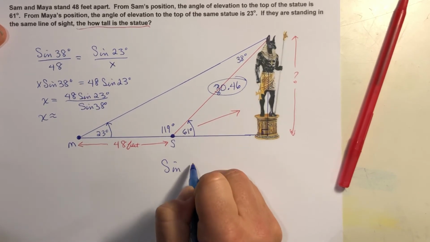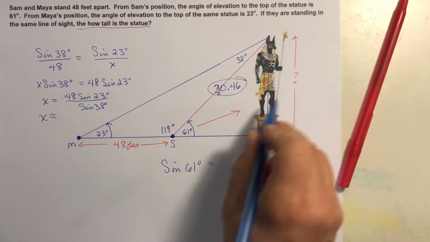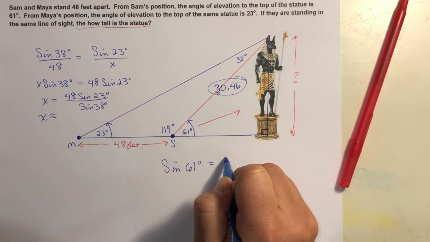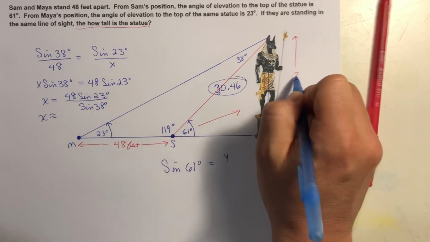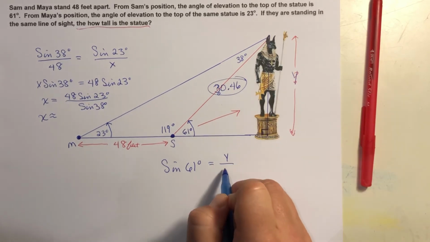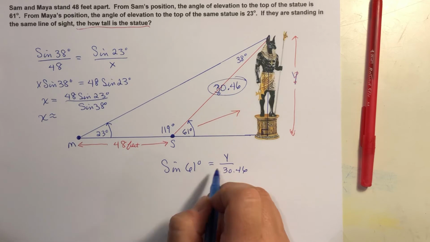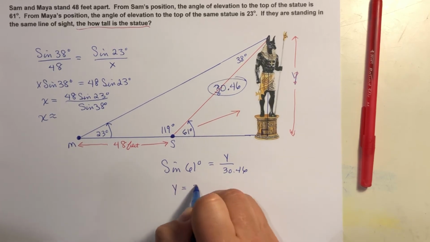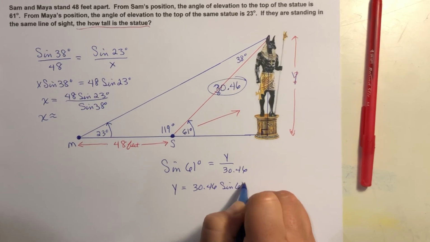So I'm gonna write the sine of 61 degrees equals opposite. What I used x before, I'll use y for the height, okay? Y over 30.46. Now, I'm gonna cross multiply, right? Y equals about 30.46 sine of 61 degrees.